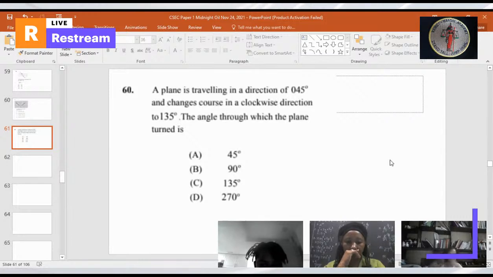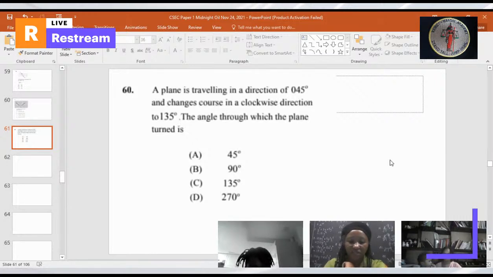The angle through which the plane turned is... So what do we call it again? The bearings. So it's traveling on a bearing of 45 degrees, and then it changed course to 135 degrees.